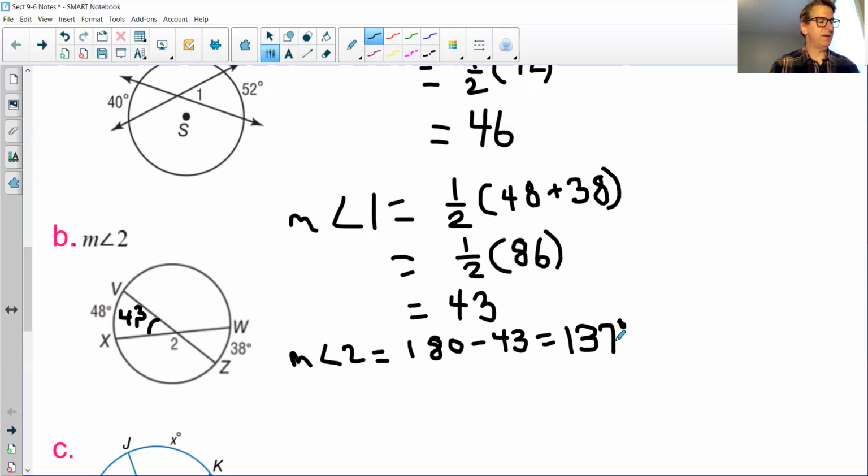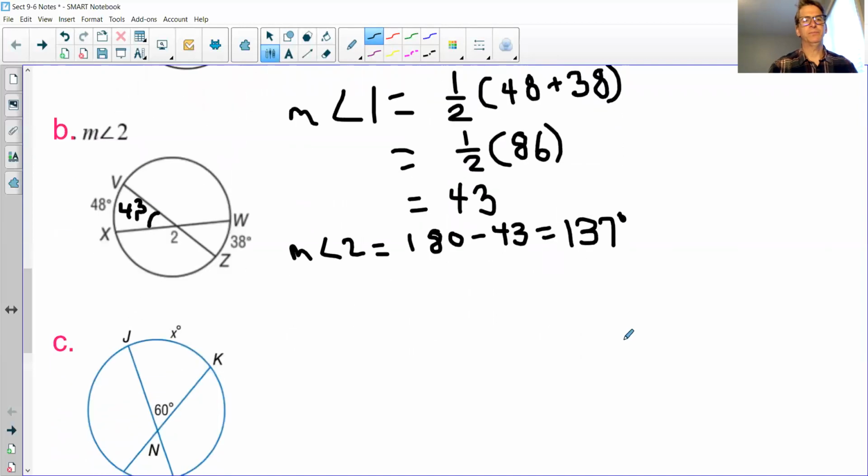Letter C. If you have this type of problem on B, you're given these two, but you're trying to find this other angle. You have to find this angle first, subtract from 180, and you get 137.